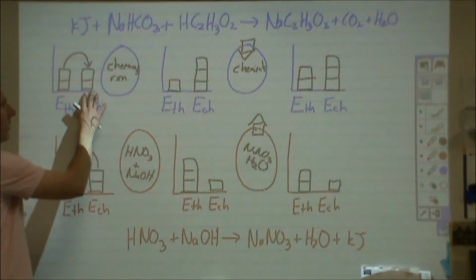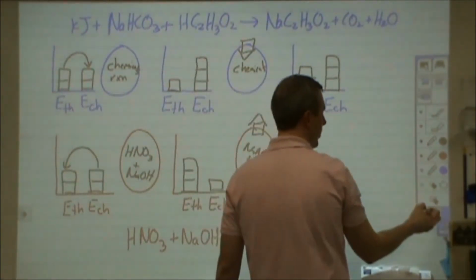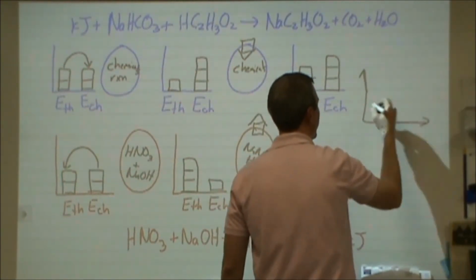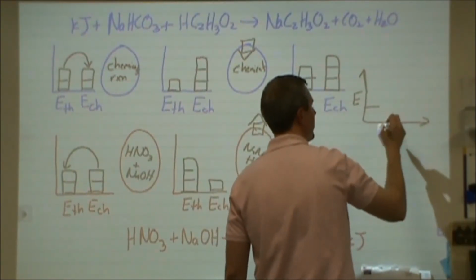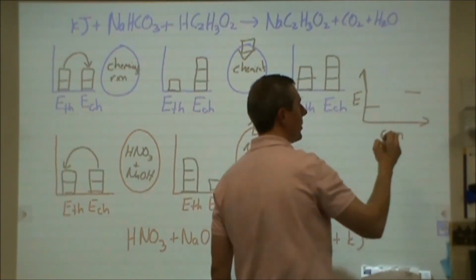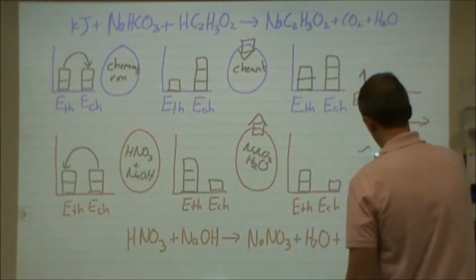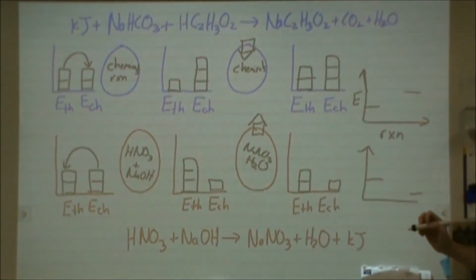In this one, we start with a certain amount of chemical energy, and then it goes up. So if we were to draw a little graph here, and say, okay, here's our energy, and here's our reaction. We start with a certain amount of energy, and then it ends up higher than what it was before. Whereas in this one, we start with a certain amount of energy, and it ends up lower than what it was before.